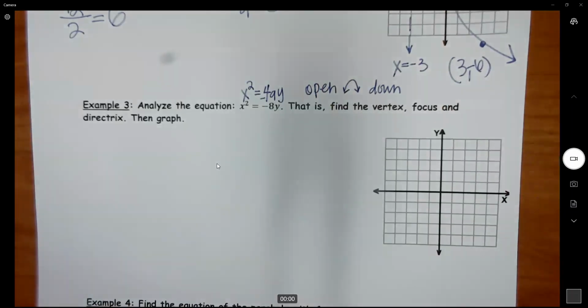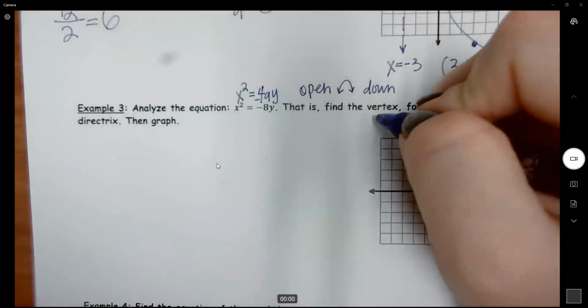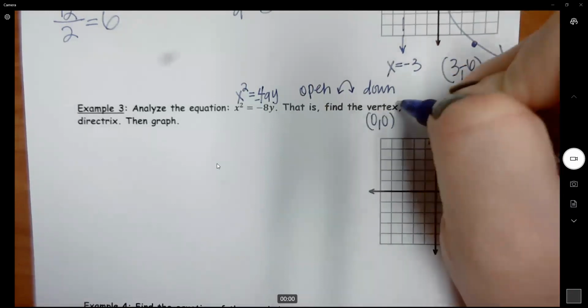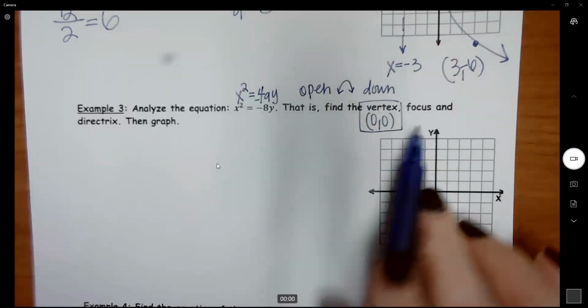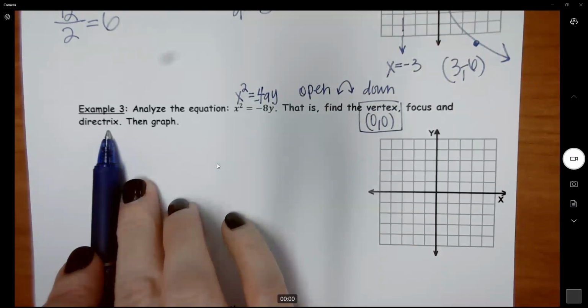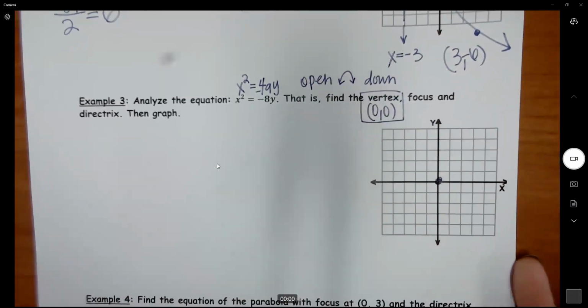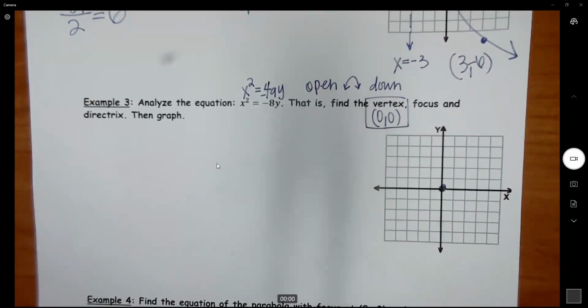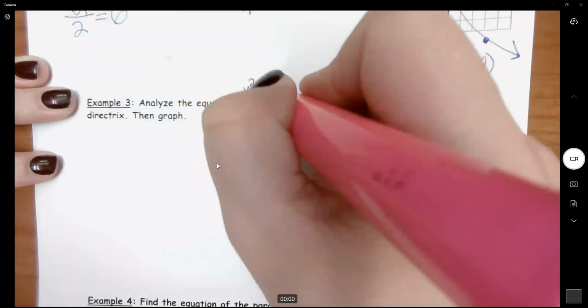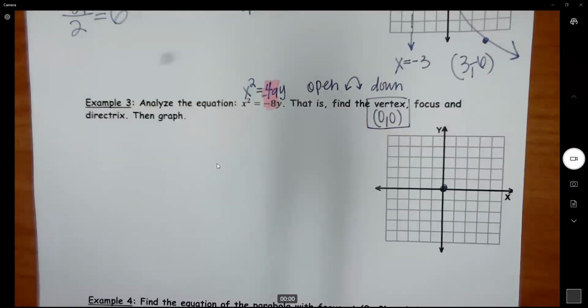Okay, so my vertex is (0, 0). We need the focus and directrix, which are equal distance from the center of (0, 0). Again, when I look at those equations stacked on top of each other, that negative 4a and negative 8 are both in front of my y.